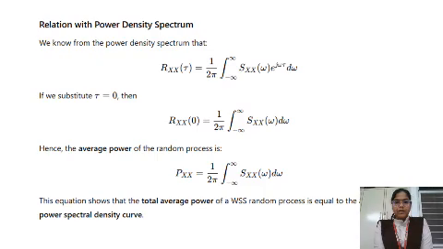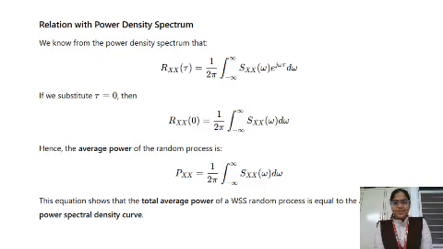Relation with power density spectrum. We know from the power density spectrum that Rxx of tau equals 1 by 2 pi integral from minus infinity to infinity of Sxx of omega e power j omega tau d omega. If we substitute tau equals 0, then Rxx of 0 equals 1 by 2 pi integral from minus infinity to infinity of Sxx of omega d omega.